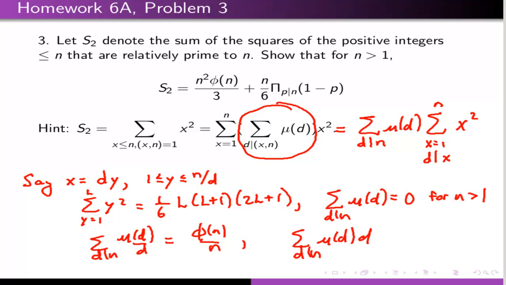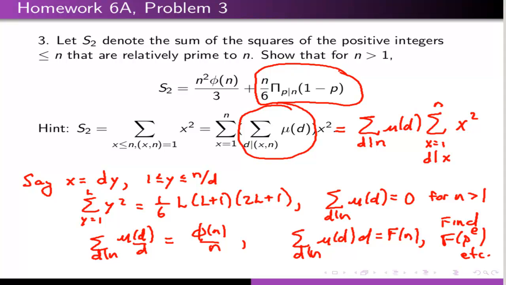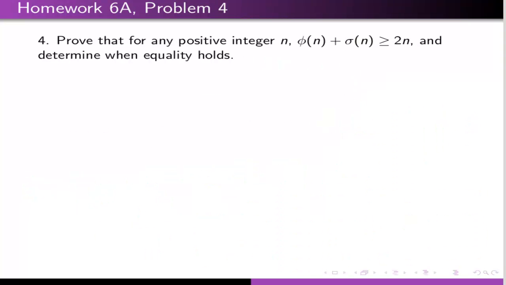And that's a multiplicative function that you can evaluate by calling it, say, capital F of n, and find F of a prime power, etc., using the fact that it's multiplicative. And so that should lead you to this quantity right here when you evaluate this type of sum. Okay, so that's enough said there.